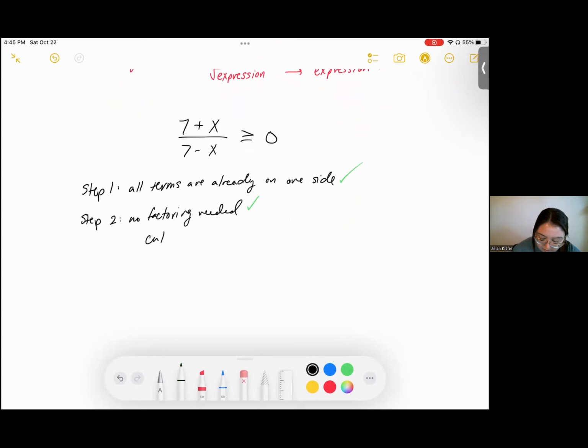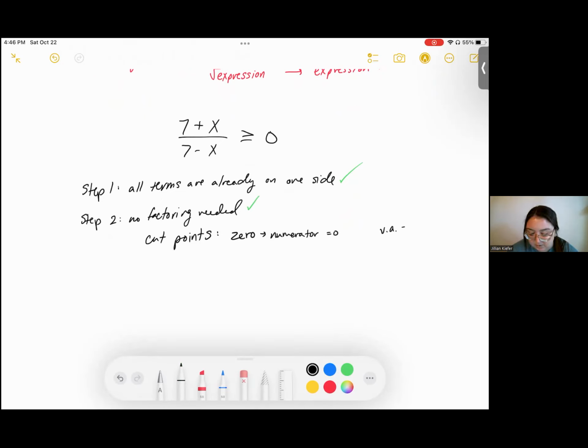So for finding cut points, remember we want to find the zeros and the vertical asymptote. To find a 0, take the numerator and set it equal to 0.